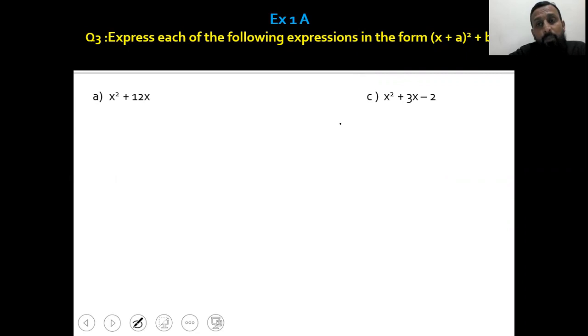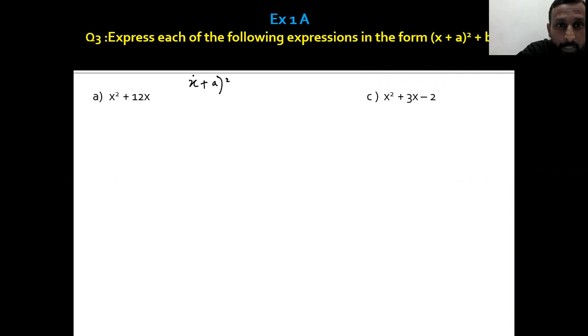They have given us a form, x plus a the whole square plus b. It may be plus b or it may be minus b. This is our question. We need to transform this into this form, right?